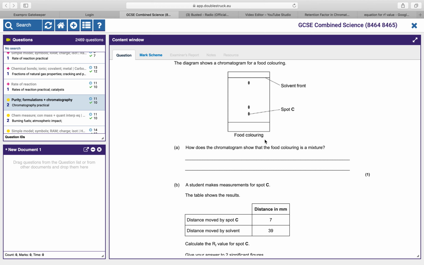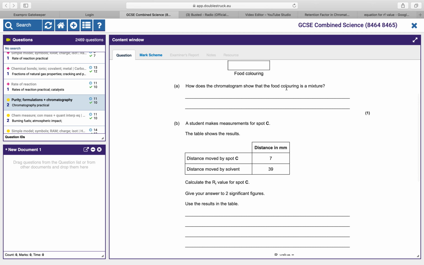So how does the chromatogram show that the food colouring is a mixture? Well, you would see more than one dot in a vertical line. It's important that you say the words vertical line because often you'll be given other sets of results and you don't want them to get confused with horizontal. So you see more than one dot in a vertical line.